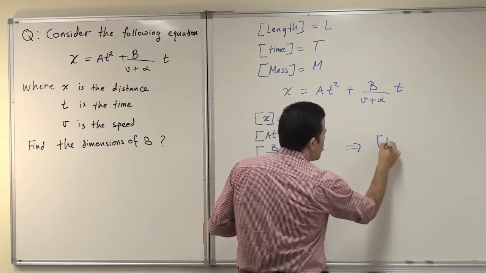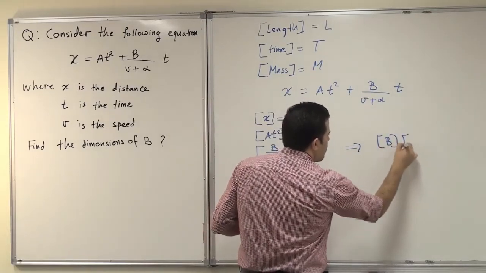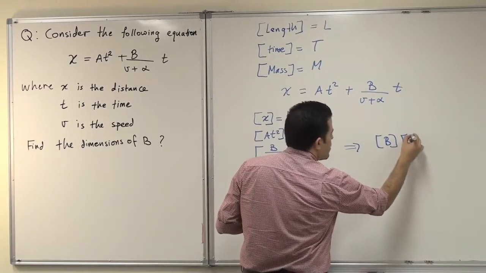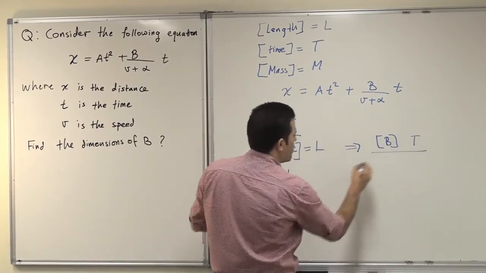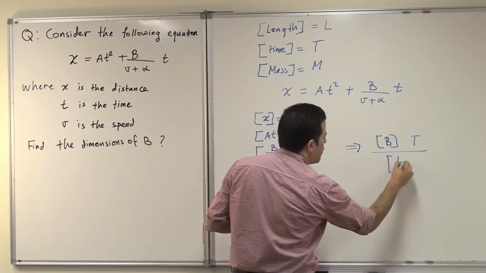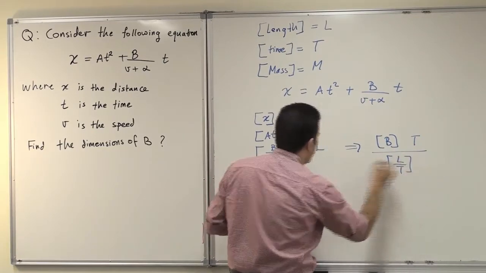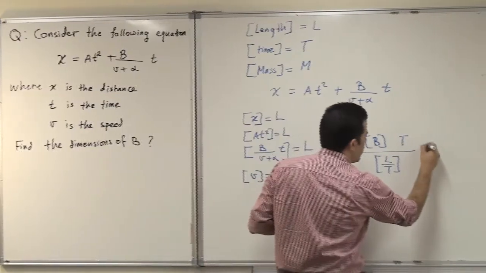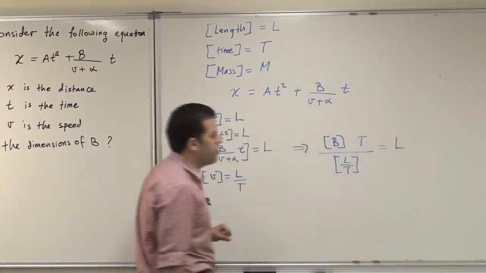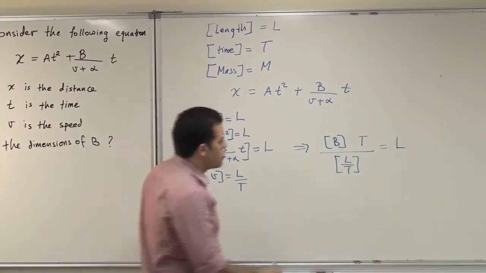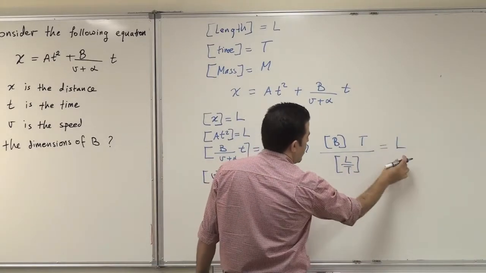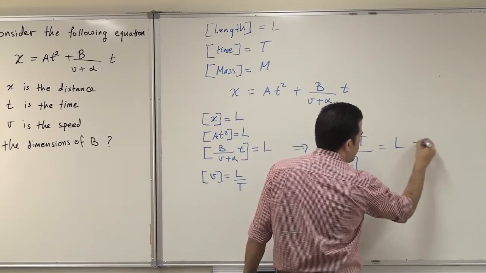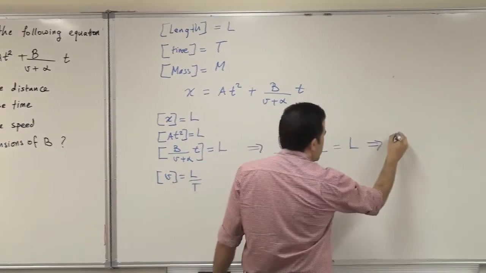So the dimensions of b, and the dimensions of t is T, divided by the dimensions of speed, which is length over time, all this should equal the dimensions of length, which is L. So if I now multiply this side by this side and divide by this side, I can conclude b, the unknown.